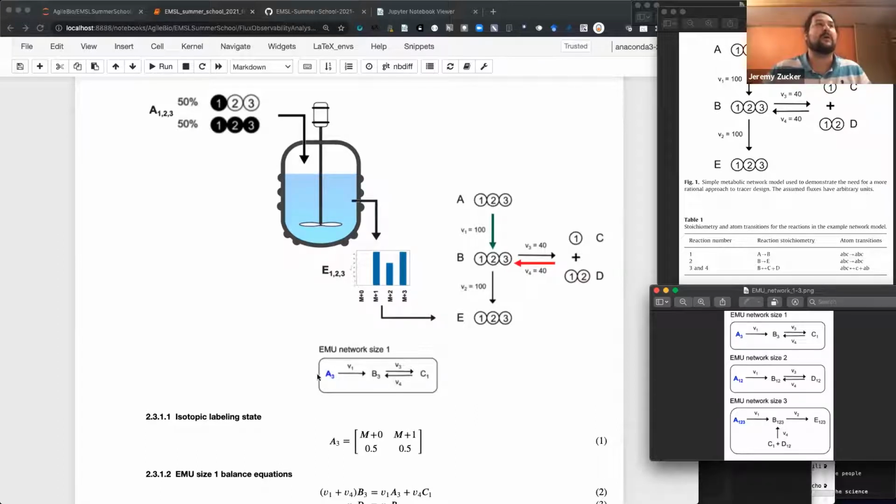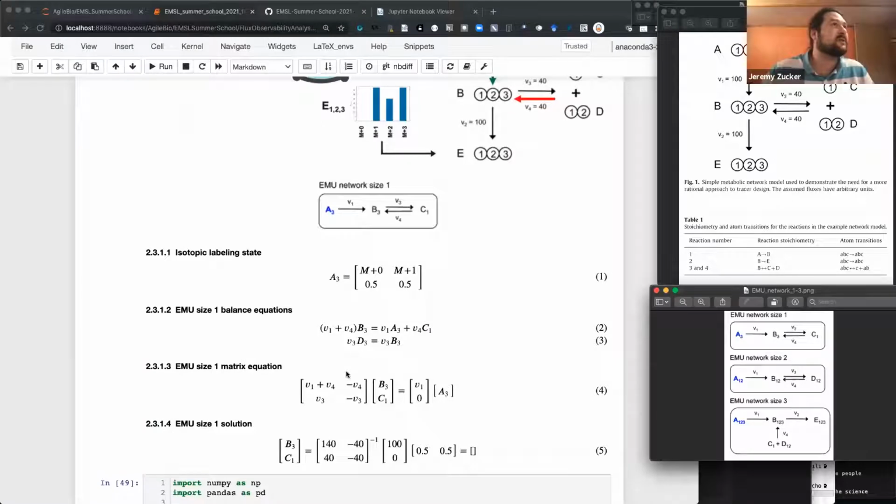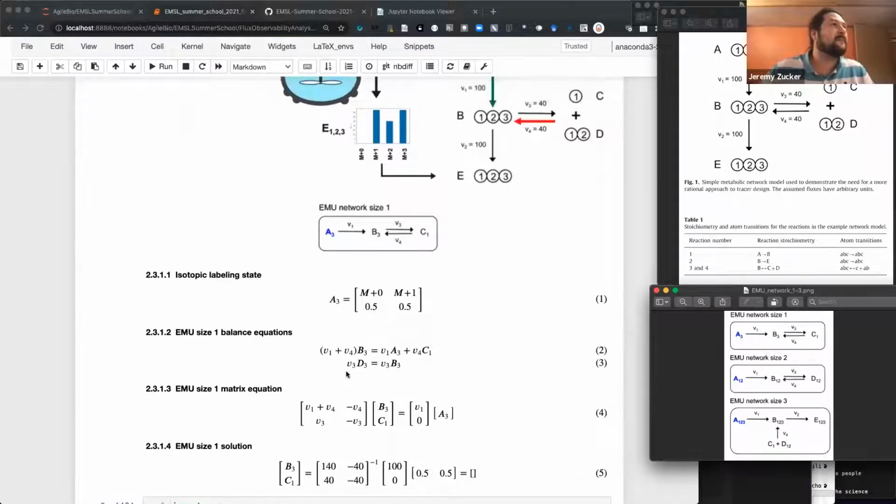We know that A3 times V1 is equal to, so here's B3 here, right? So V1 plus V4 produces B3, and V1 times A3 plus V4 times C1 balances out, right?